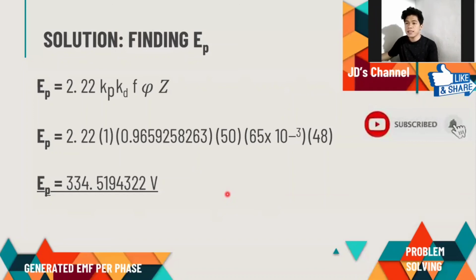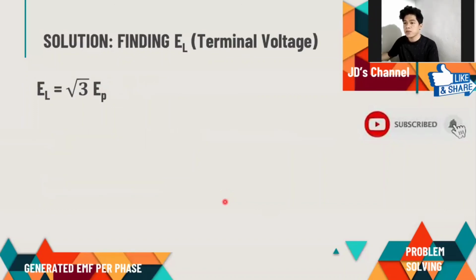Class, that is not yet our final answer. We are asked to find the terminal voltage. So finding the terminal voltage, or our EL, is the square root of 3 times our E phase.